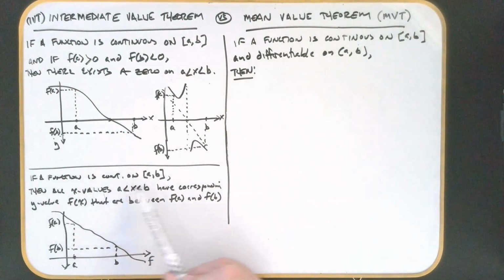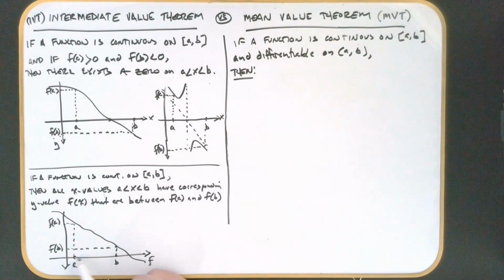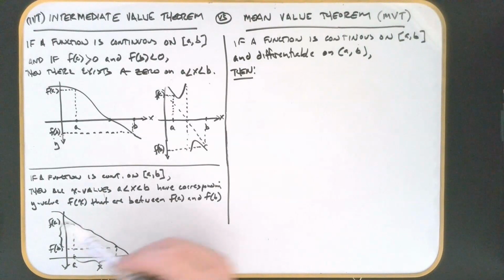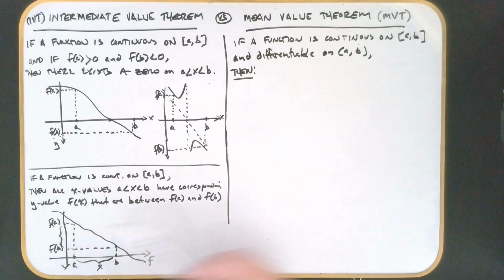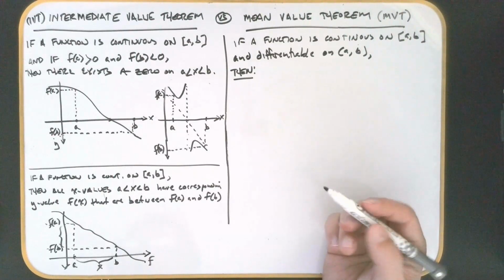So if a function is continuous on the closed interval a to b, then all the x values between a and b, so every x value in here, has a corresponding y value, that I'll call f of x, that's between f of a and f of b. That's the intermediate value theorem.